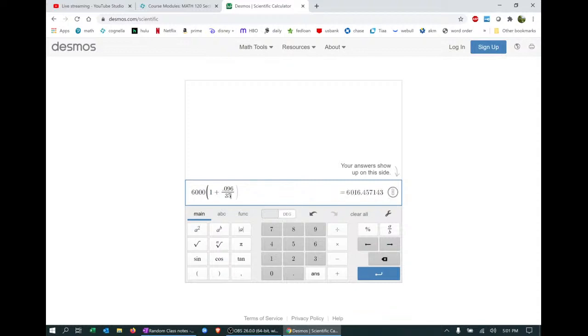Then close the parentheses, and use the exponent symbol, which is this one right over here, and then 7 times 365.